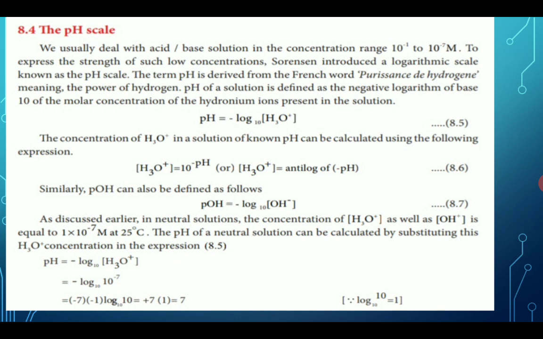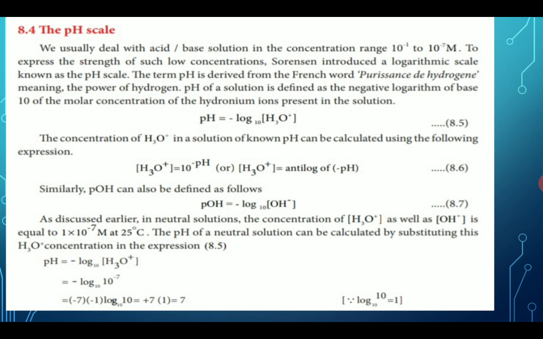The same here, we have to apply: H3O plus is equal to 10 power minus pH. The same expression without log we write like this: H3O plus equals 10 power minus pH, or otherwise H3O plus ion concentration is equal to antilog of minus pH.